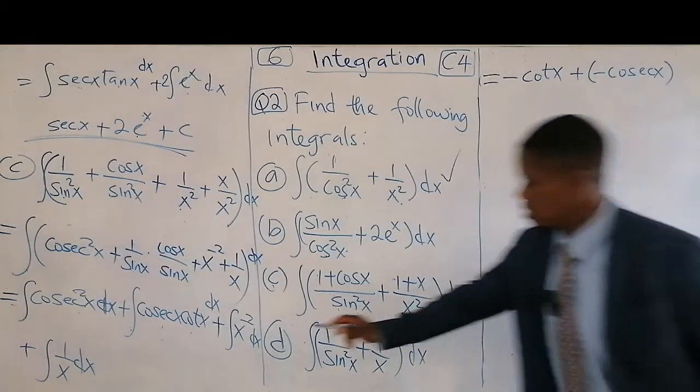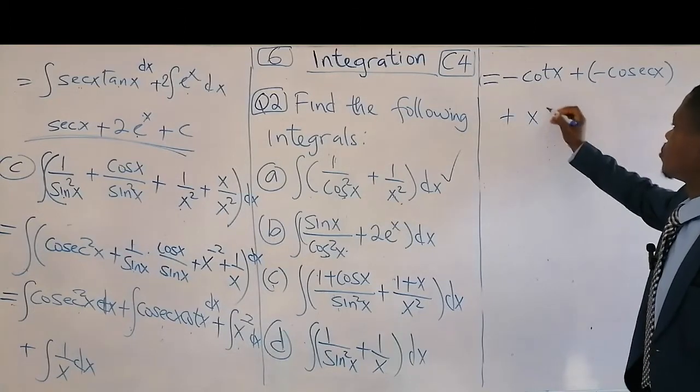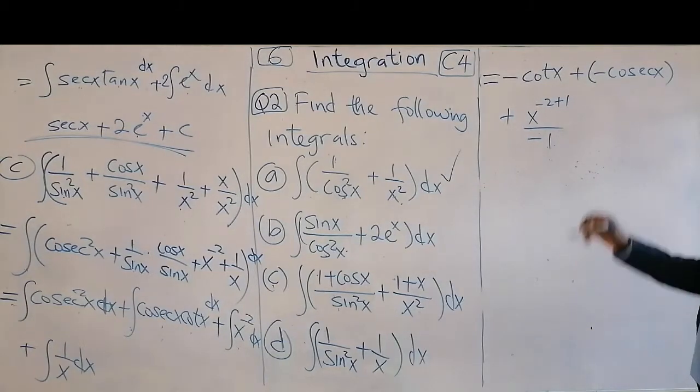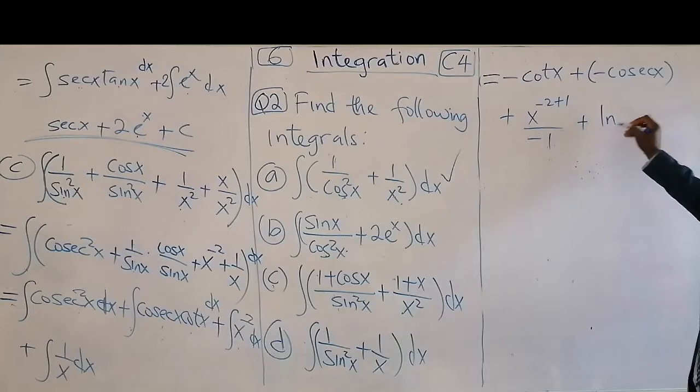And for this one, that will be x to the power minus 2 plus 1 over minus 1. And for the last one, the integral of 1 over x is ln x, then plus c.